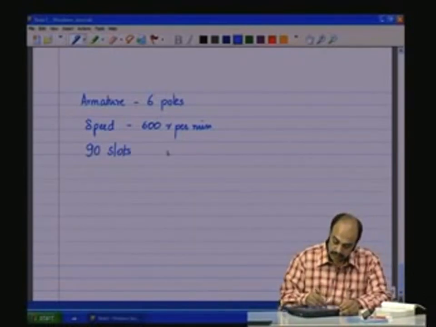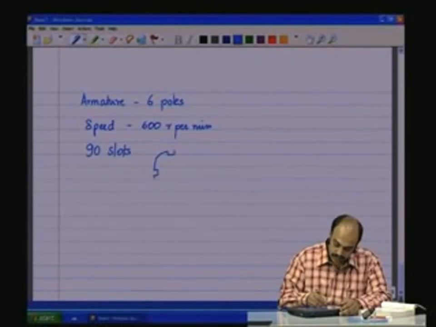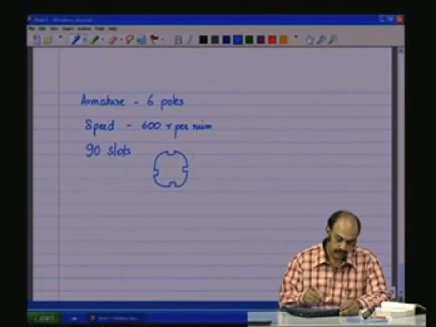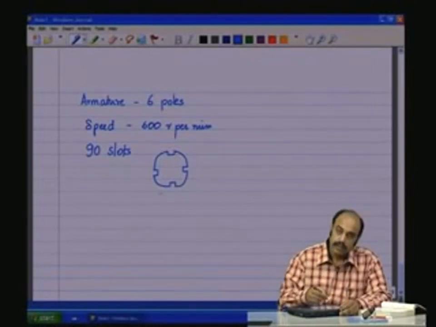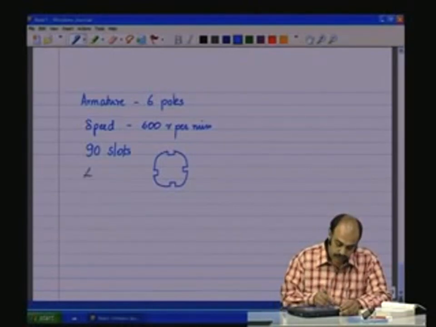By slots, you remember we were drawing these slots on the surface of the circular core. So, this was a 4-slot machine. Like that, let us say you have 90 slots, and each coil, the coil that is wound through the slots, has 4 turns per coil.